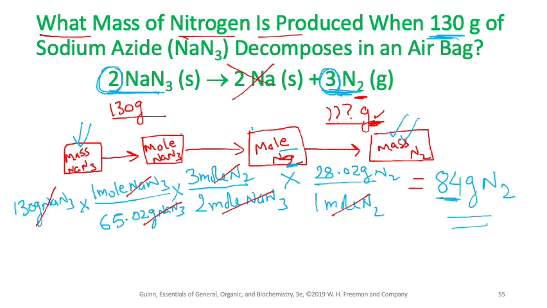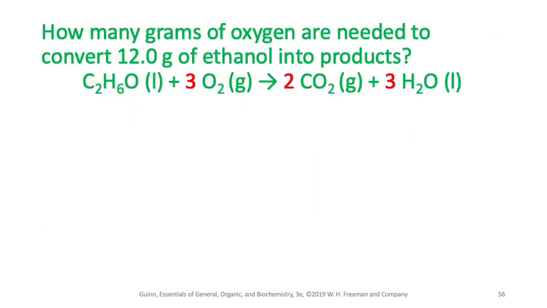So let's try to do one more problem on this so you can understand better. This is a new problem asking how many grams of oxygen are needed to convert 12 grams of ethanol into product.